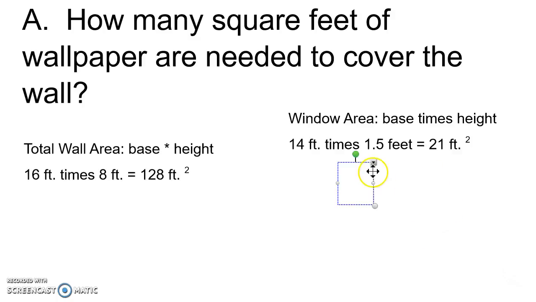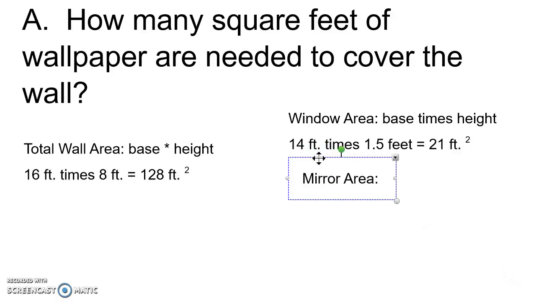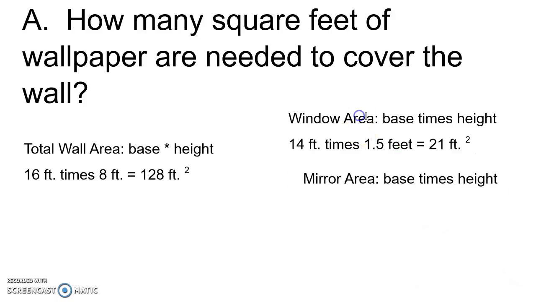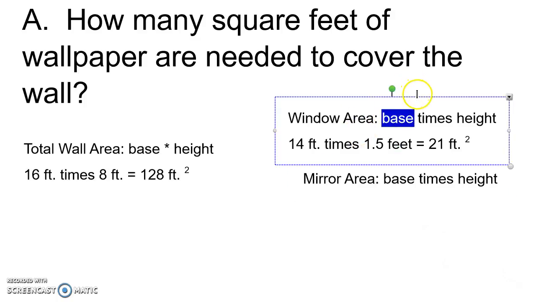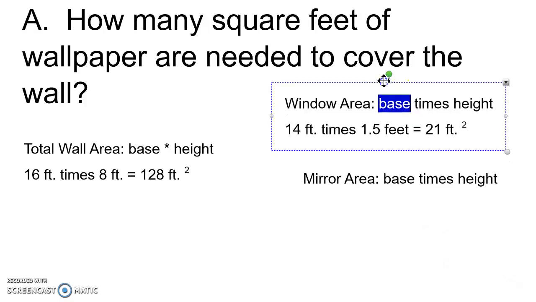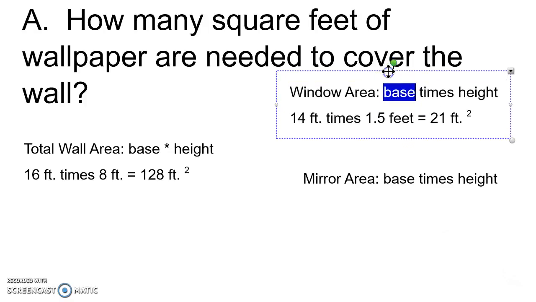Those are not being painted. So we have the mirror area, which is a rectangle as well. So we're going to be doing base times height again. Your work needs to look like my work. This is proficient distinguished work because we are scholars, so we're going to make sure that we're labeling everything.